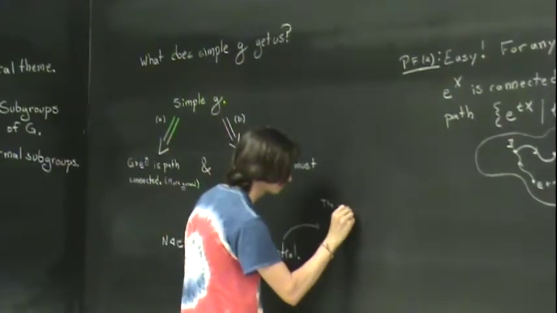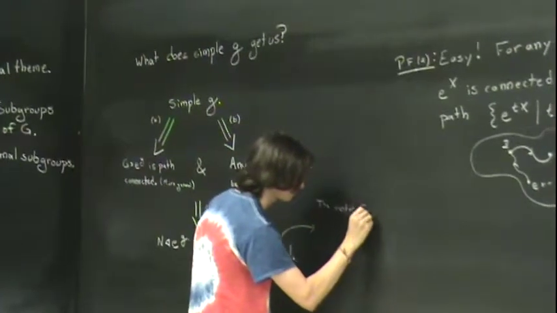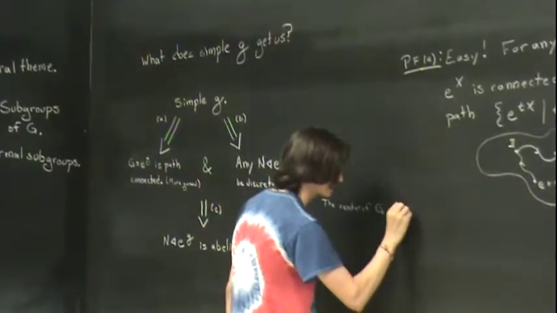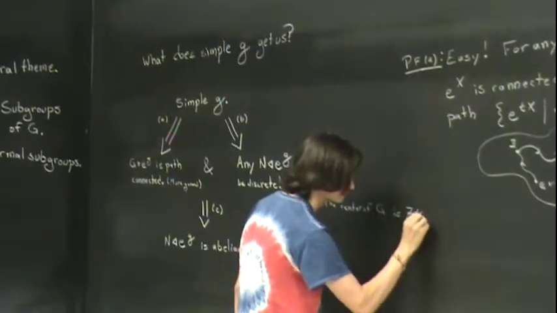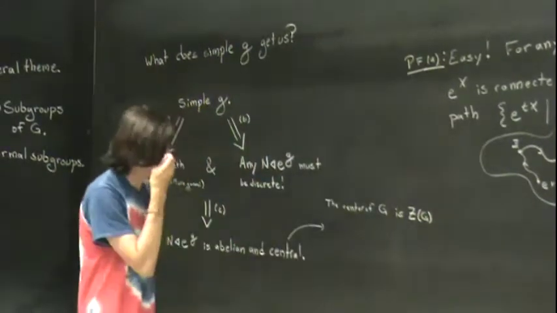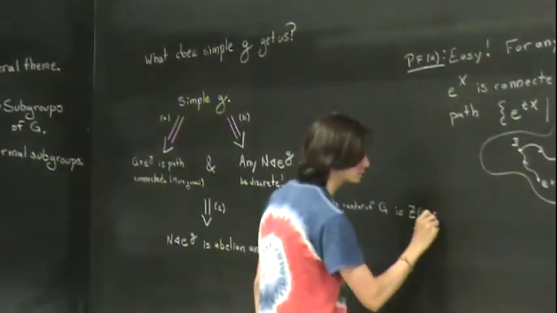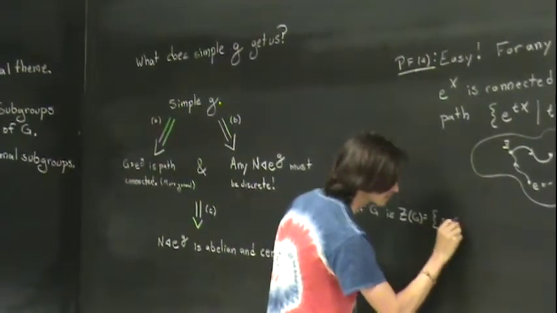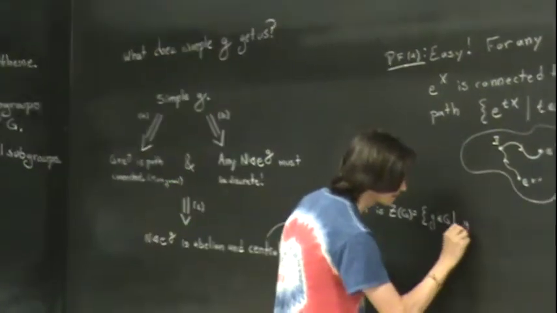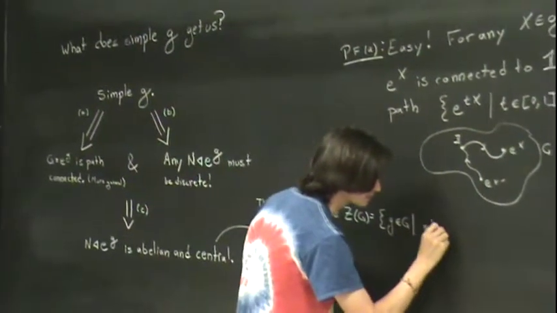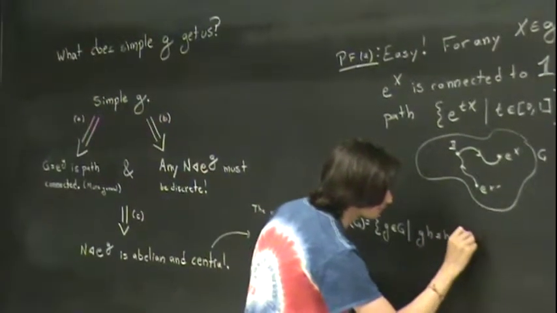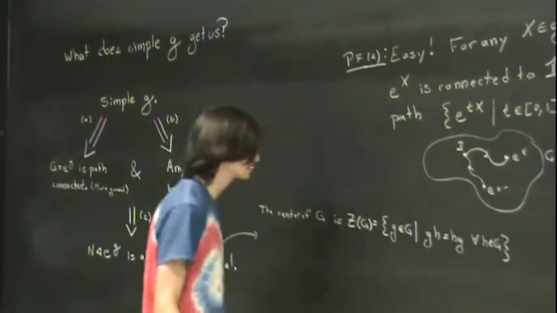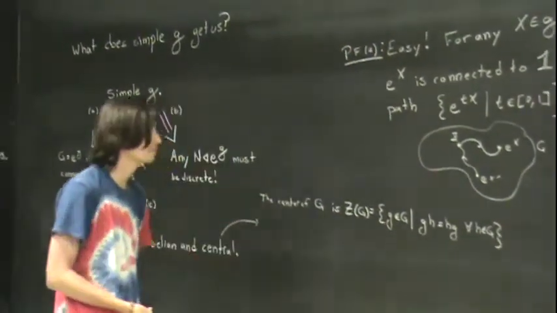The center of a group G is a set of elements, Z of G, which turns out to be a normal subgroup, essentially defined as the set of elements g in G such that gh equals hg for all h in G. Meaning it's the group of elements that commutes with everything in the group. Right?